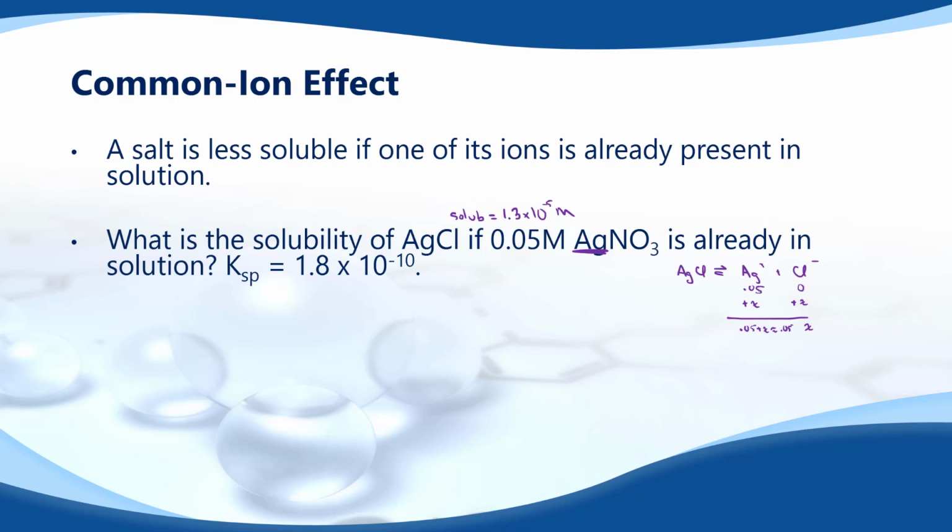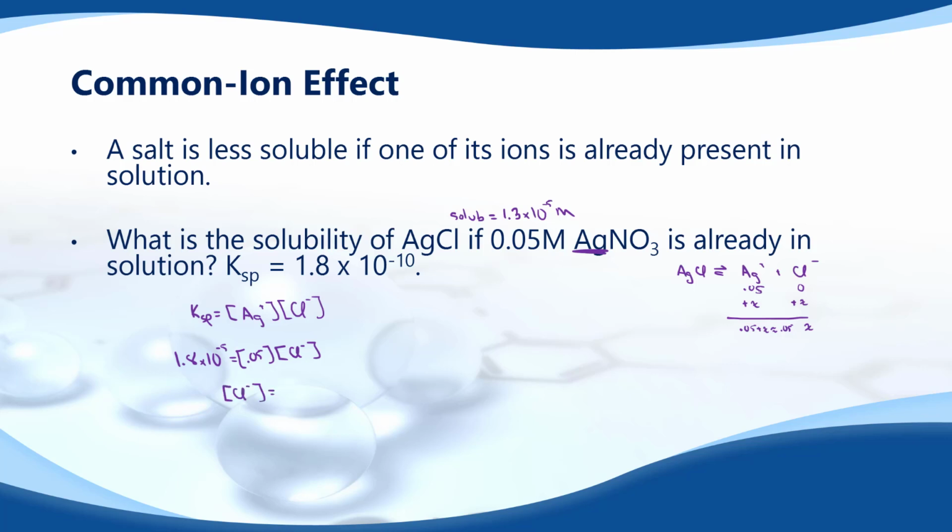So here what we have is Ksp equals Ag plus times Cl minus, right? So 1.8 times 10 to the minus 5th equals 0.05, because that's our silver concentration, times our concentration of chloride, which is just going to be x in this case.